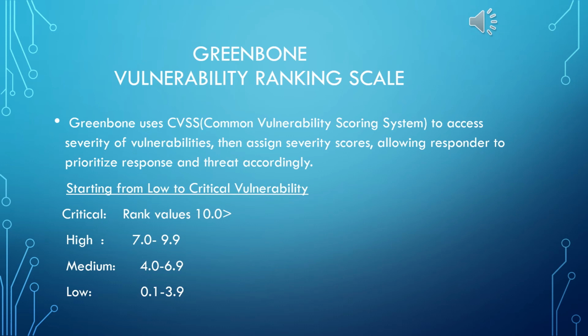High-ranking vulnerabilities are highly likely to be exploited and need to be addressed and resolved as soon as possible. Critical vulnerabilities are extremely likely to be exploited and need to be resolved immediately or as soon as possible.